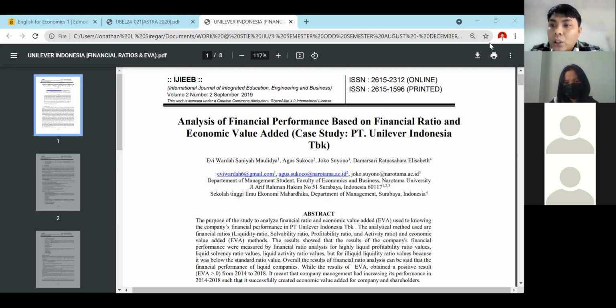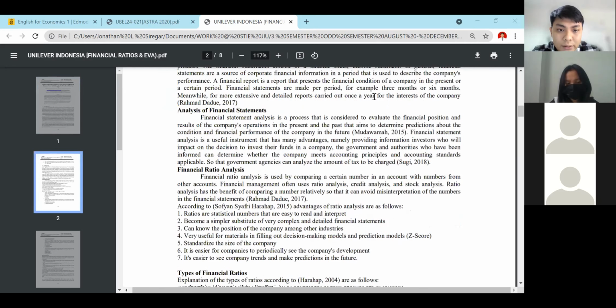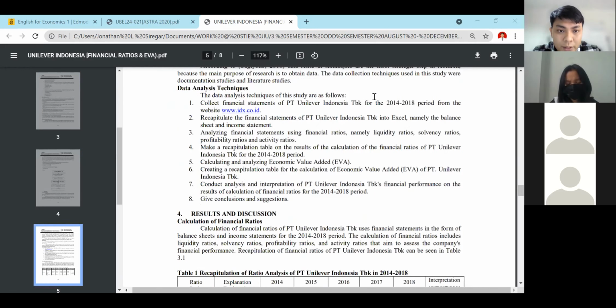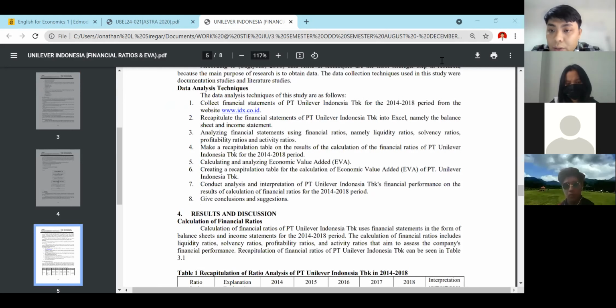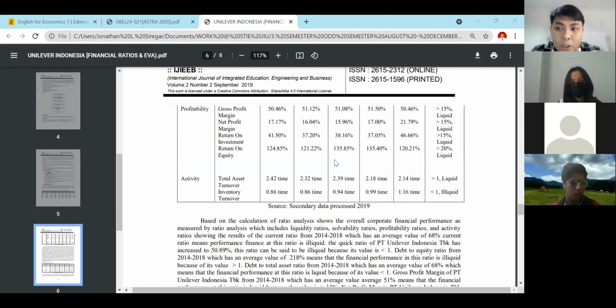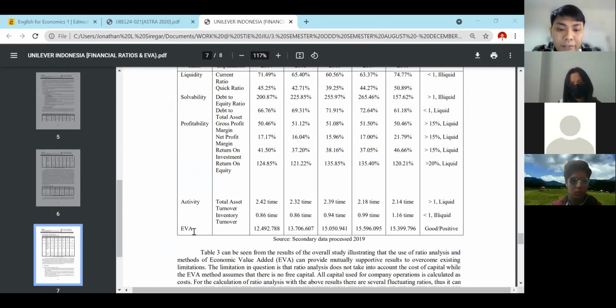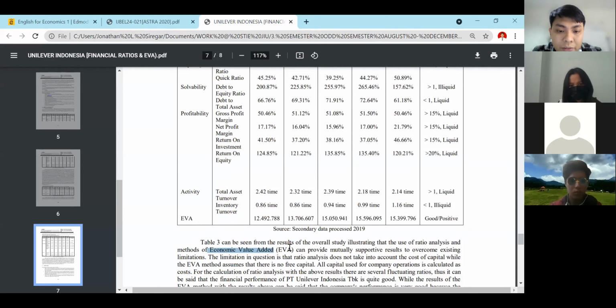So they are using more measurements, not solely based on the financial ratios. Okay, moving on. What is the result? You see, again, they are using quantitative analysis with SPSS. They are not only using the financial ratio, but also EVA. EVA means economic value added.